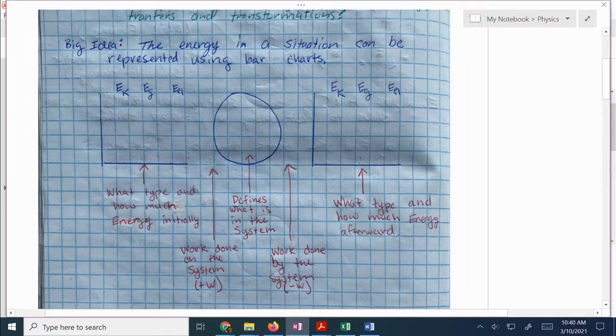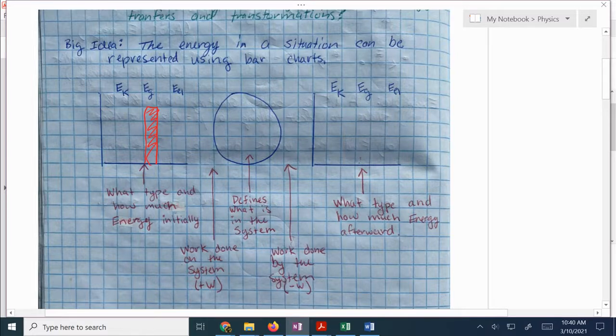Or they're at the top of the hill, but they're not riding their bike. So maybe they've got some gravitational energy. Again, it's a person on a bicycle. So we would include what type of energy they start with in that spot right there.